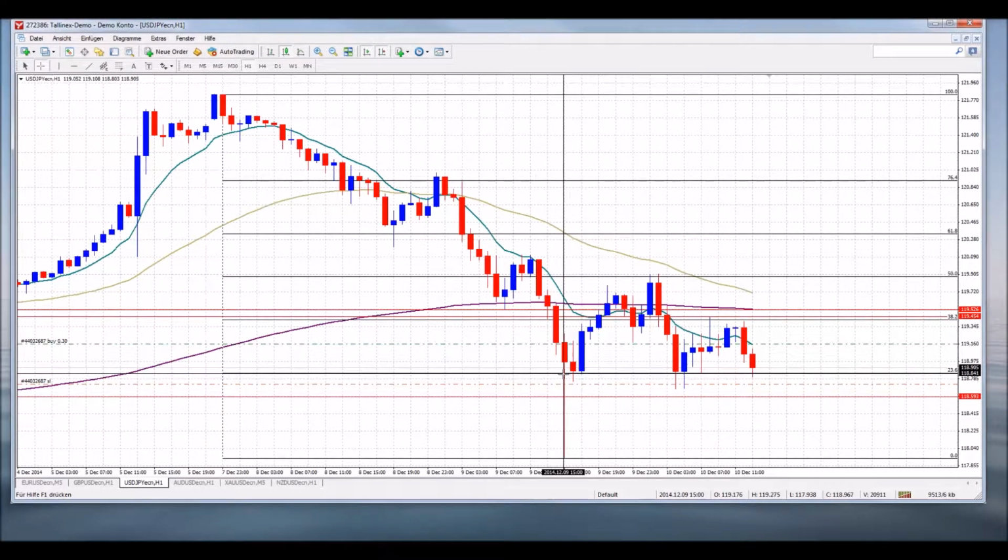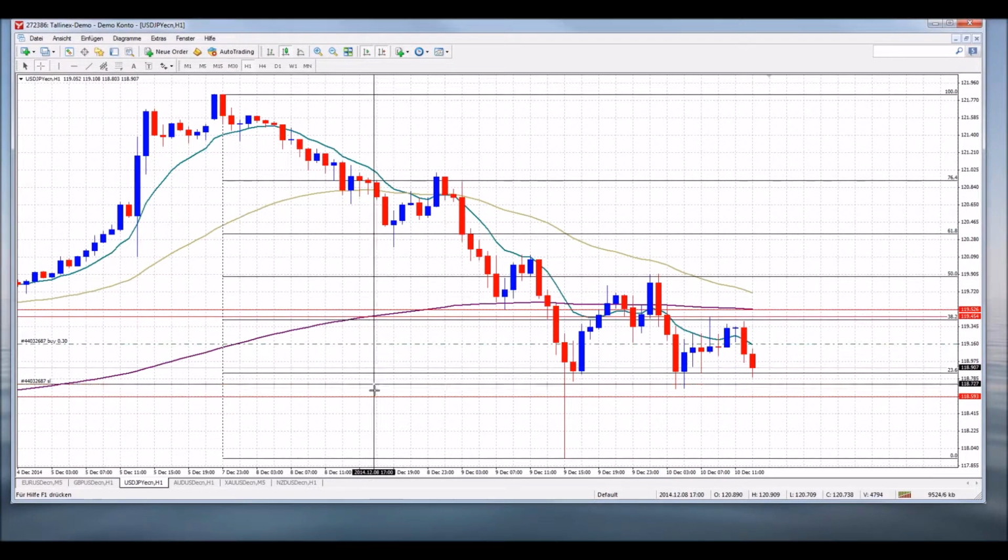What we also see here is that the market came off. The market moved all the way back down on Monday, and then we had the follow-up, and that was Monday still. Then this was the follow-up on Tuesday, a sell-off, and a very nice reversal coming into the market. And now we find here around 118.72 support.